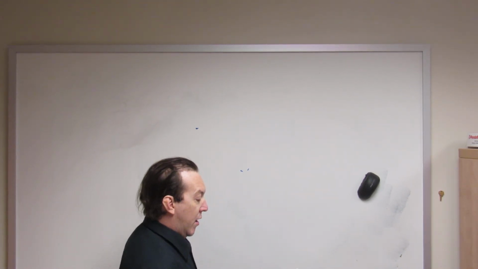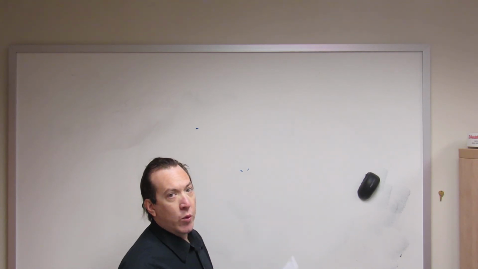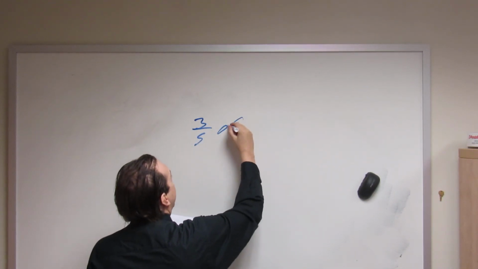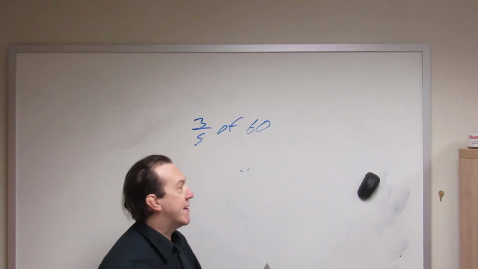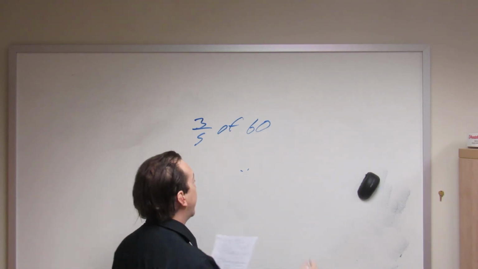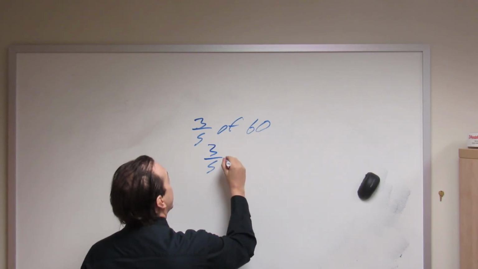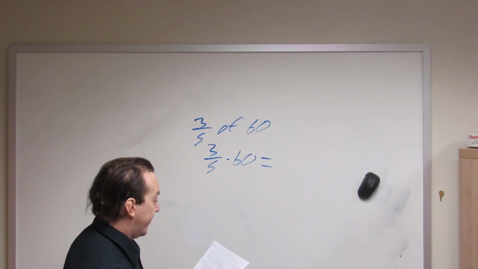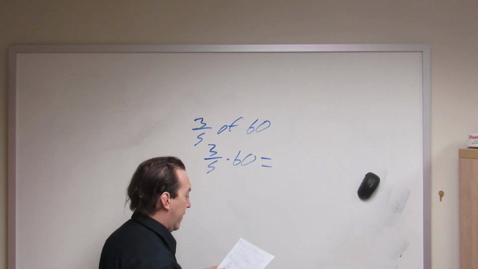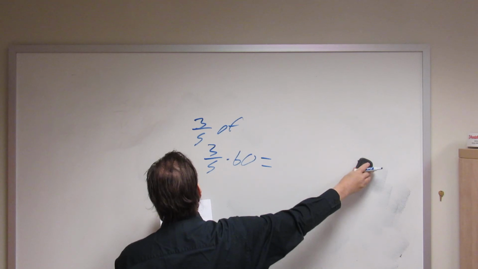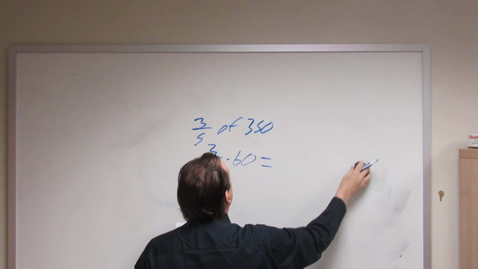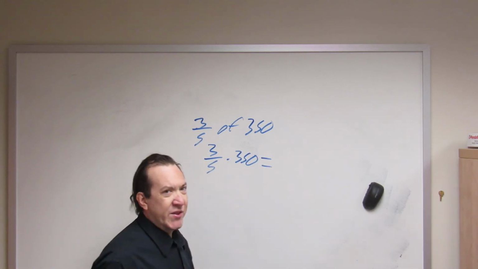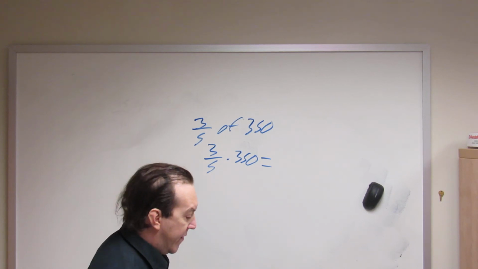Next, you're going to be given a word problem where it says, like, say 3/5 of 60. And how many is that? So of always means multiply. So we're going to say 3/5 times 60. Actually, let me change that, 3/5 of 350, because the number that they use is a bigger number. 60 would work, but I just want to use the big number there.